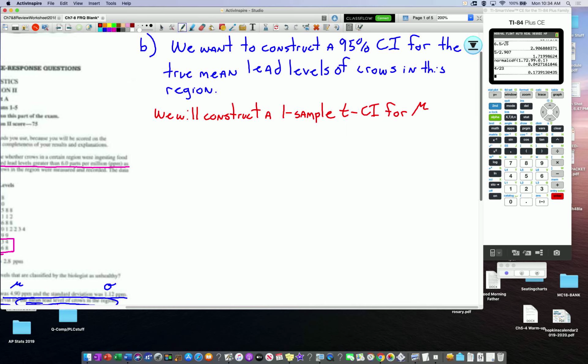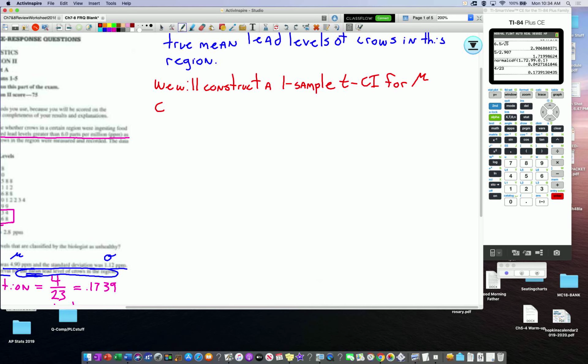Now our conditions. Okay? So the first one that we want to talk about is, is it random? Yes, I like to say yes. We have a simple random sample of 23 crows.